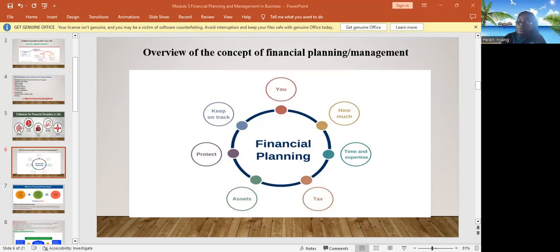So before you start your business, look at all these things. How am I going to plan my finances? If anything happens, the risks involved, any unforeseen circumstances, how will my company survive? You must plan.